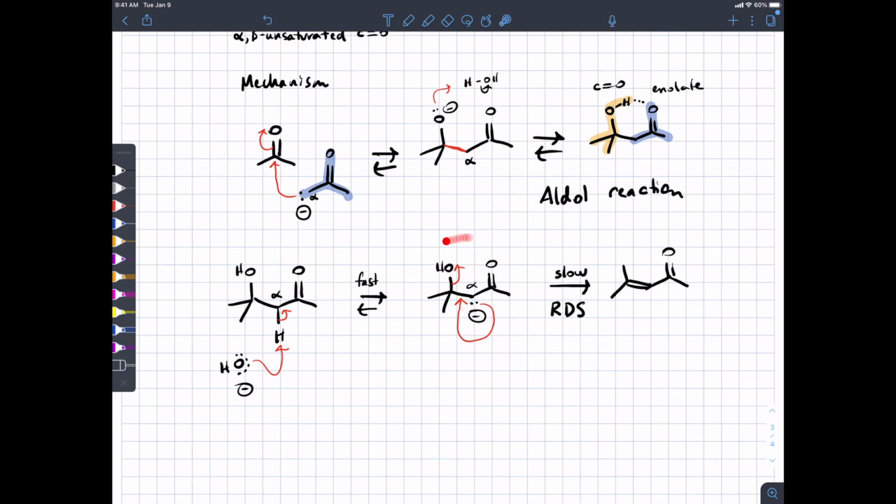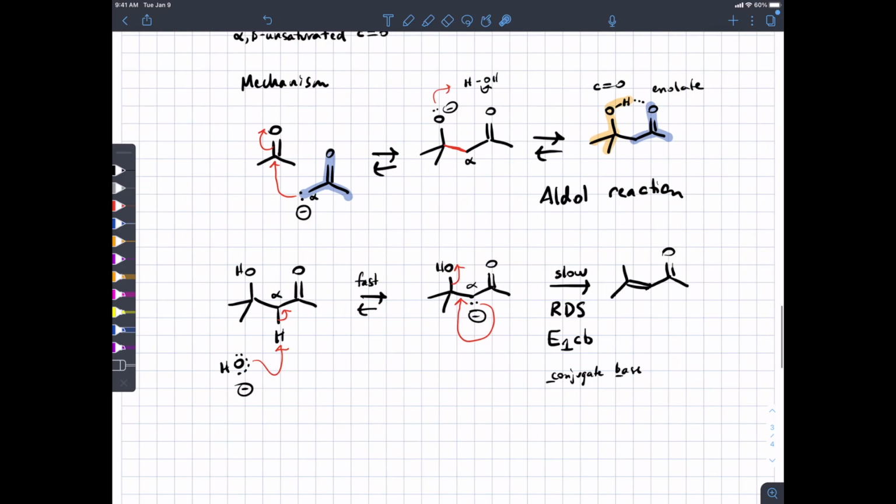Because there's only one molecule in the rate determining step, it's an E1 reaction, but it's not the classical kind where we form a carbocation. So the chemists tack on Cb for conjugate base, meaning that first you make the conjugate base of your beta hydroxy ketone, and then you do the slow elimination reaction.